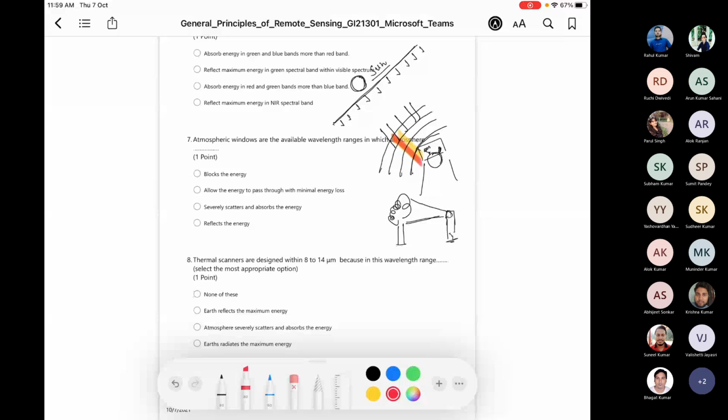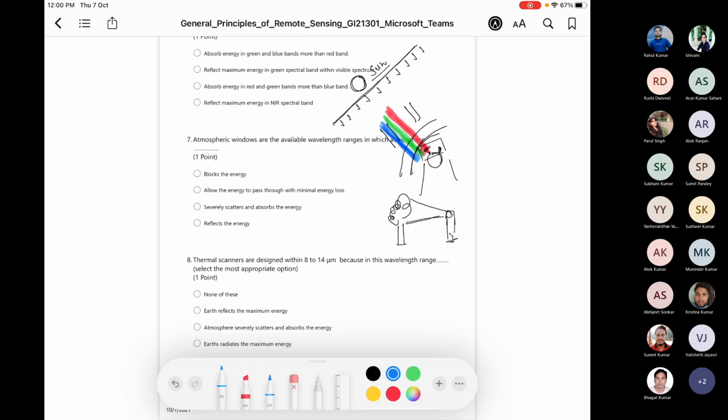They are red, green, and blue. So in our case, our eyes only sense the energy interaction within blue, green, and red.